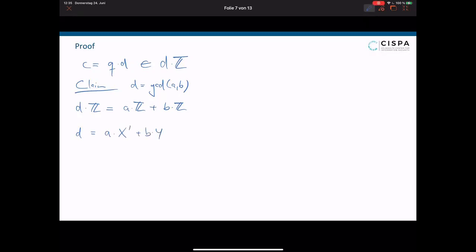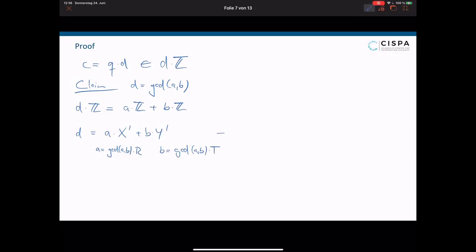Now both a and b are divisible by the GCD of a and b, right? So write a equals GCD of a, b times r, and b equals GCD of a comma b times t.